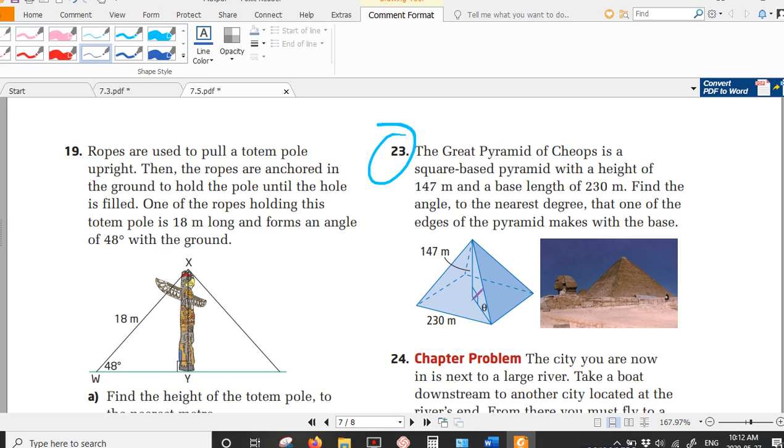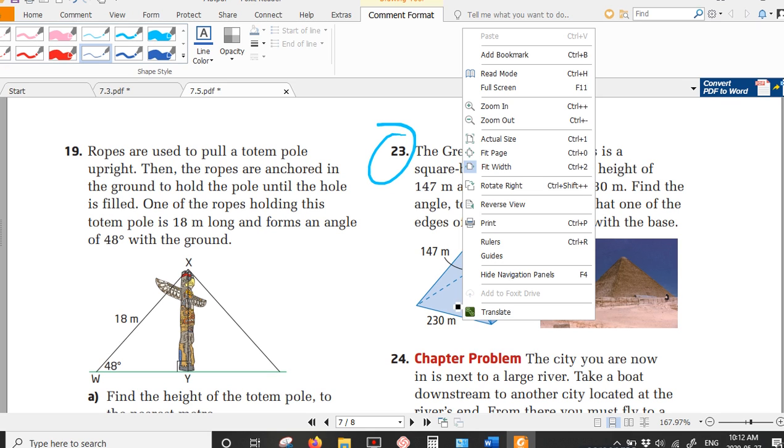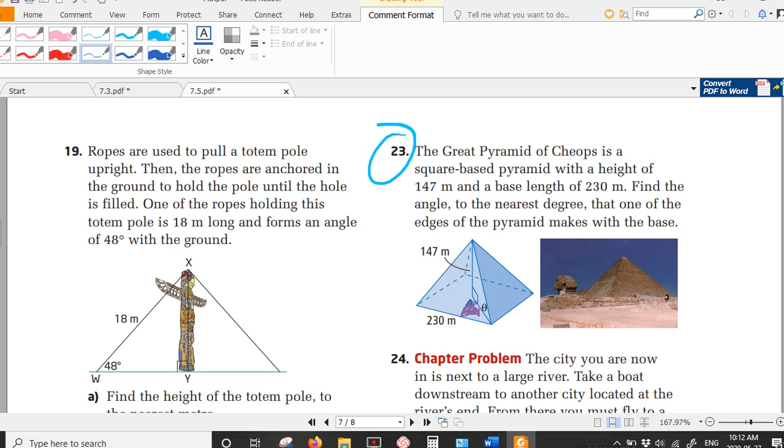Why? Because I know that if I go exactly 90 degrees to this, 90 degrees, I know that this distance here would be half of 230, which would be 115, and I know this distance would also be 115. How do I know that?